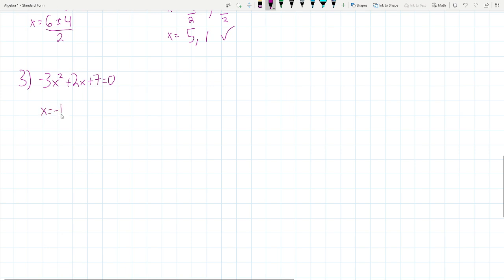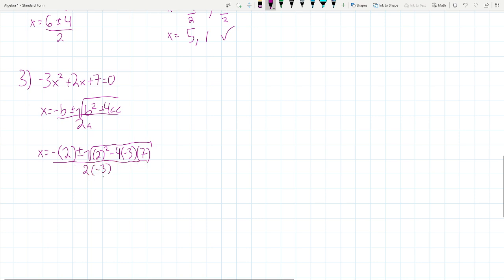X equals the opposite of b plus or minus the square root of b squared minus 4ac, all over 2a. Okay. So x equals negative my b value, which is 2, plus or minus the square root of my b value, which was 2, squared, minus 4 times a, which was negative 3, times c, which is 7, all divided by 2 times negative 3.